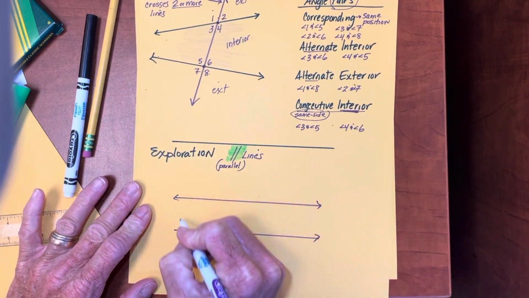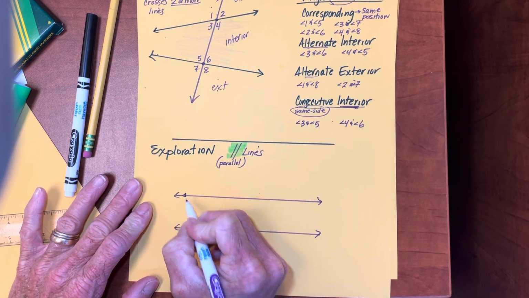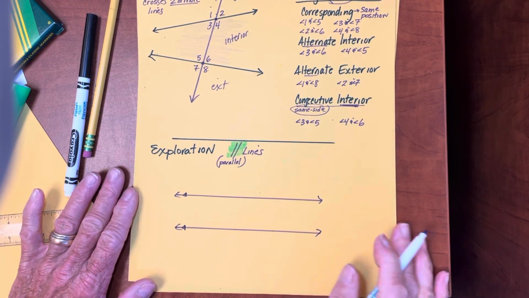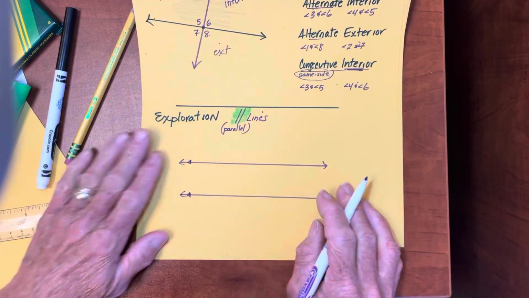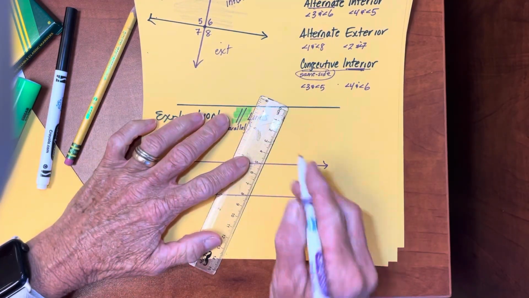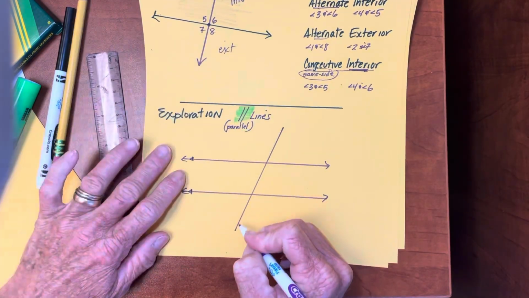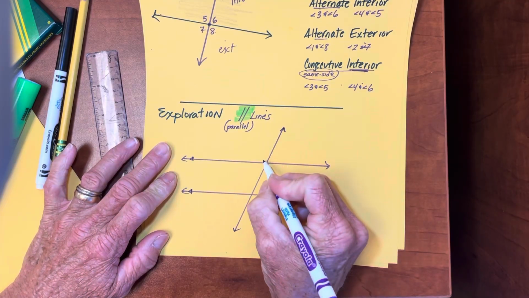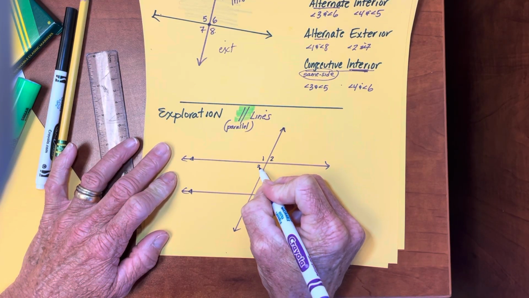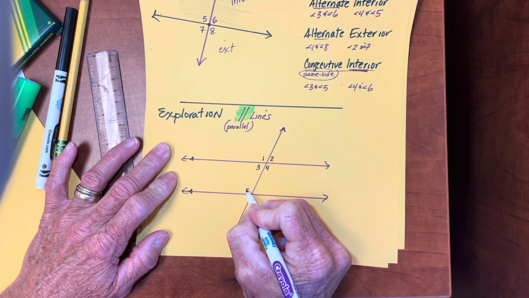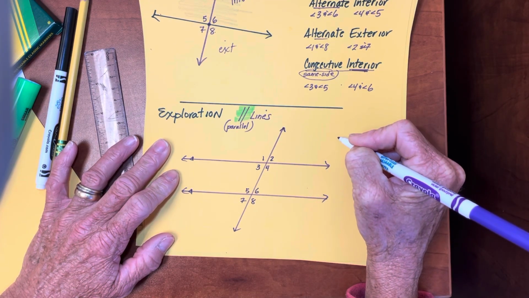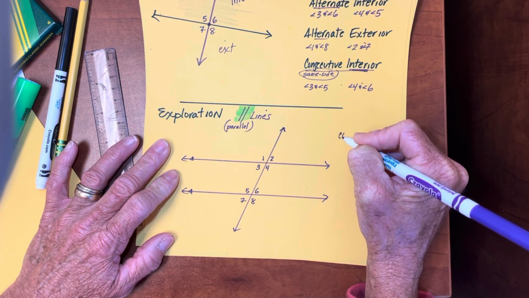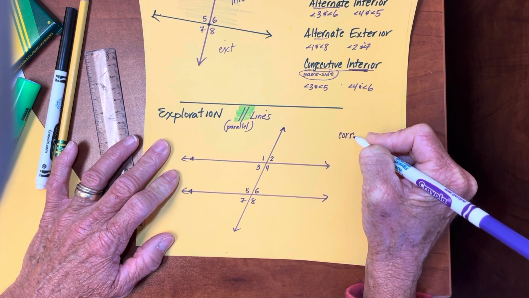So these 2 lines are parallel, and we can show those by marking them with a pair of arrowheads there. And then I'm going to draw a transversal. When I draw that transversal, let's number them the same way.